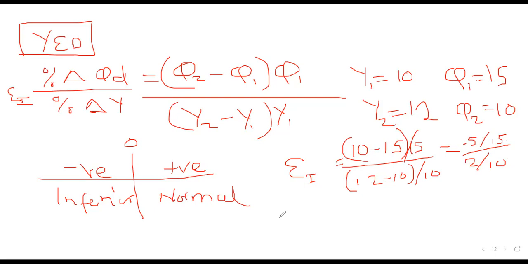So 5 over 15, what do we get? 0.33 negative. Then 2 over 10, we get 0.2. So the final answer we get is 0.7 negative. So what do you comment? What type of good is this? Inferior. Excellent. It falls in the negative, so it is an inferior good.